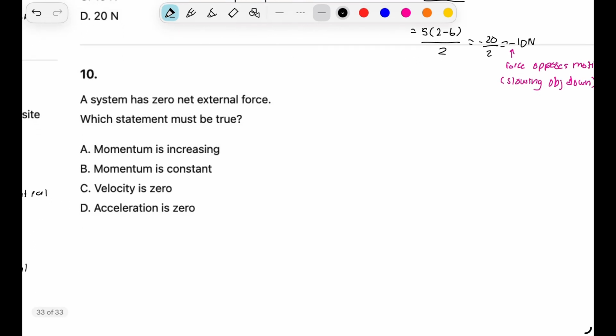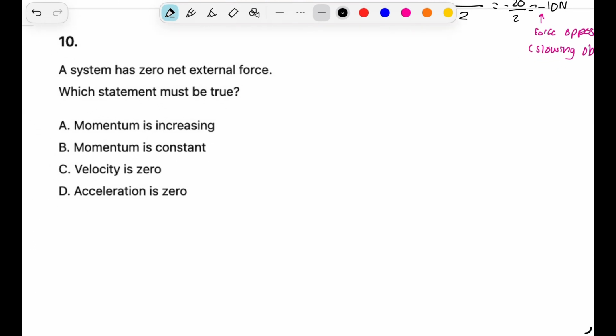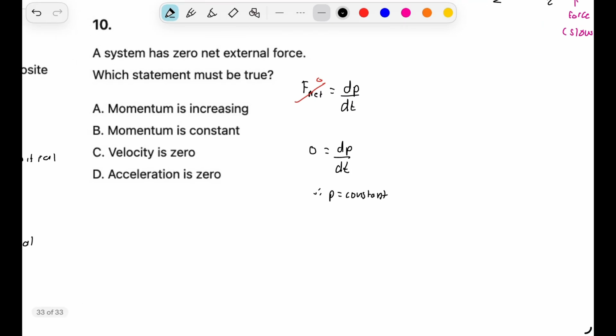A system has 0 net external force. Which statement must be true? So if we know that is equal to 0, then you can replace this, so you have a constant momentum.